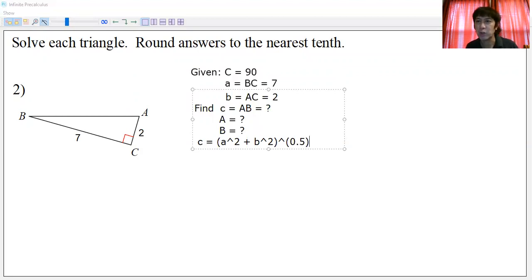That means square root. Now you can also write this in another way.